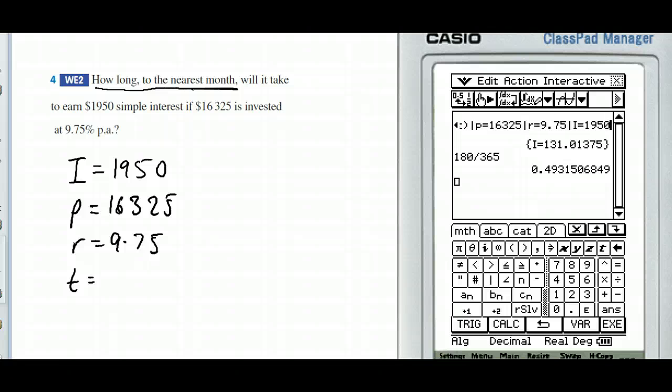So we're putting in again the information that we know, and it will spit out T for us. So there we go, T equals 1.225. We'll round it to 1.23.